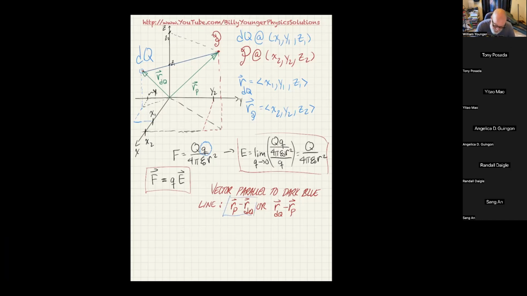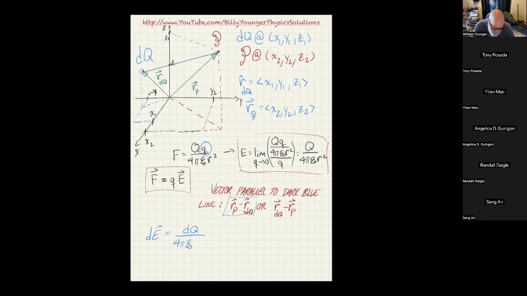Now we have a vector formula. I'm going to use blue for this. What we have is a differential electric field element, which is going to be written as dq over 4 pi epsilon naught.